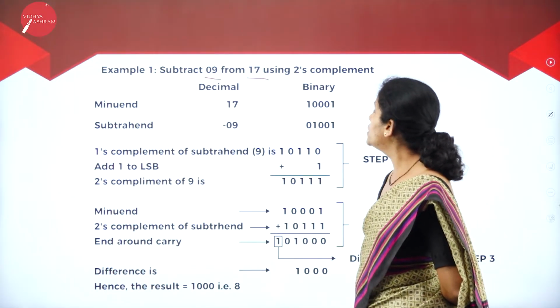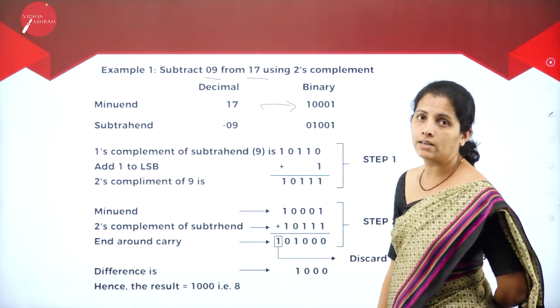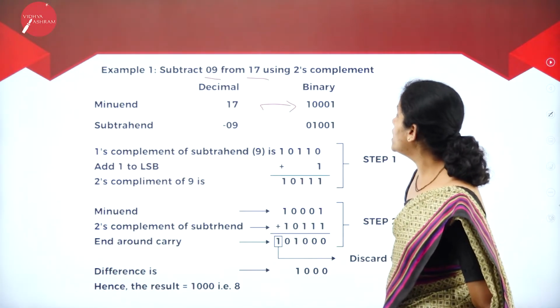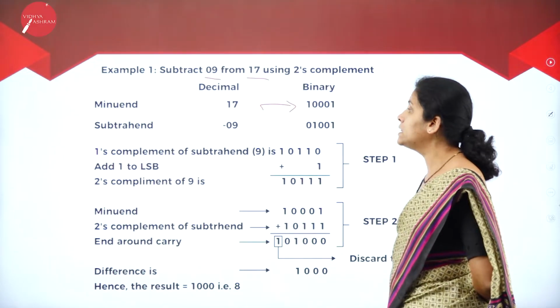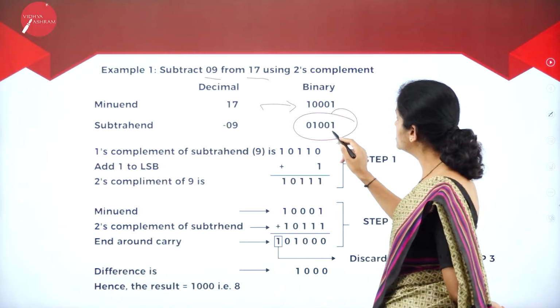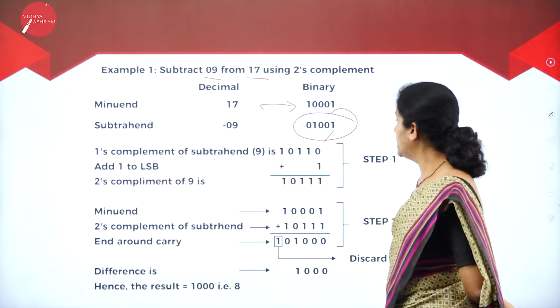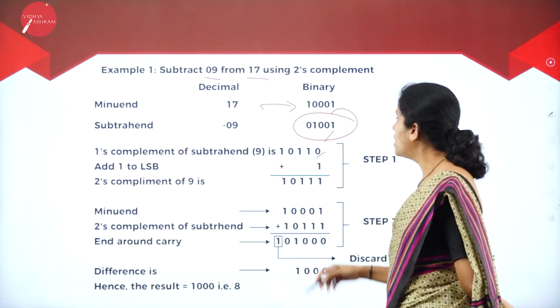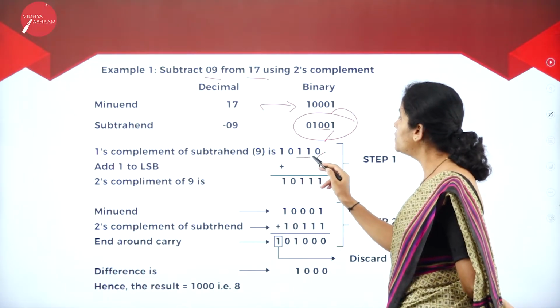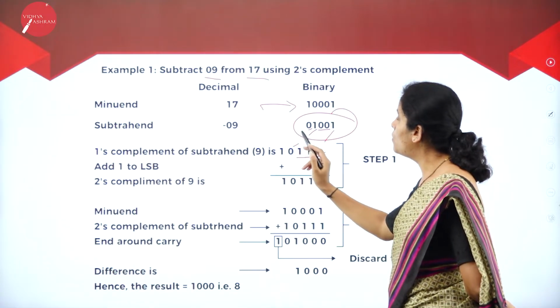Now, I'm going to write the binary equivalent. Then, first what I want to do, I want to take the 1's complement of the subtrahend. So, this is my 1's complement. So, wherever I'm getting 1, I'll write 0, and for 0, I'll write 1, and 1, 0, 0, 1.